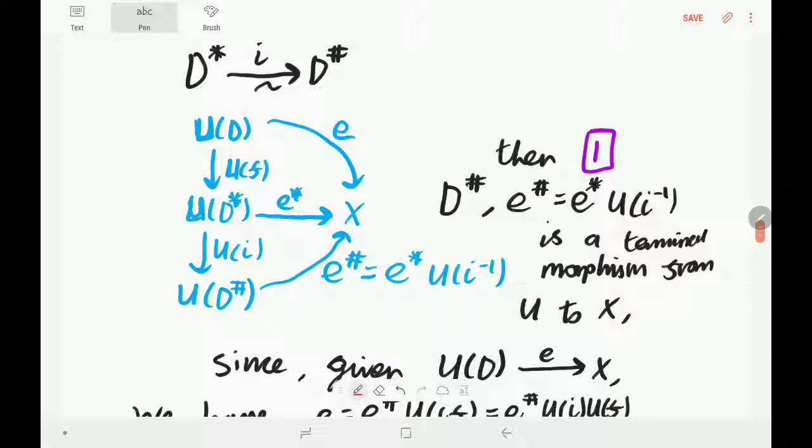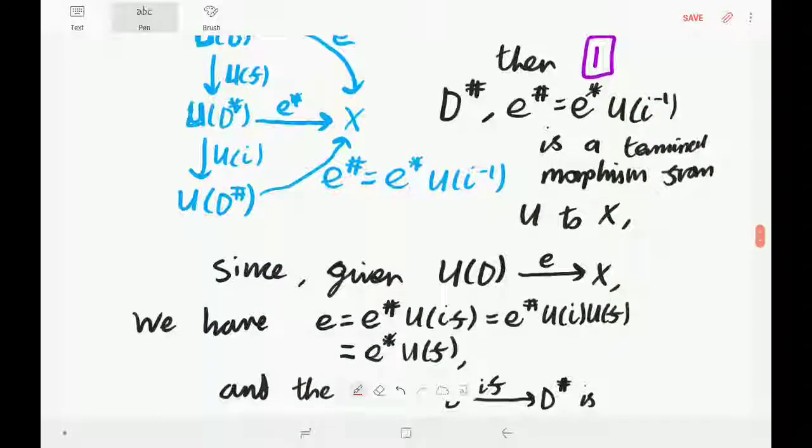Then D hash with the arrow E hash, which is just E star after U of I inverse, is going to be a terminal morphism from U to X. So we've found another one just by using an isomorphism on the main object involved, going from D star to D hash, okay?